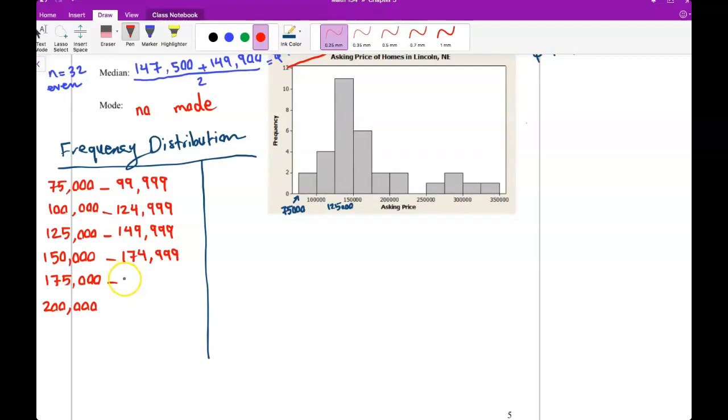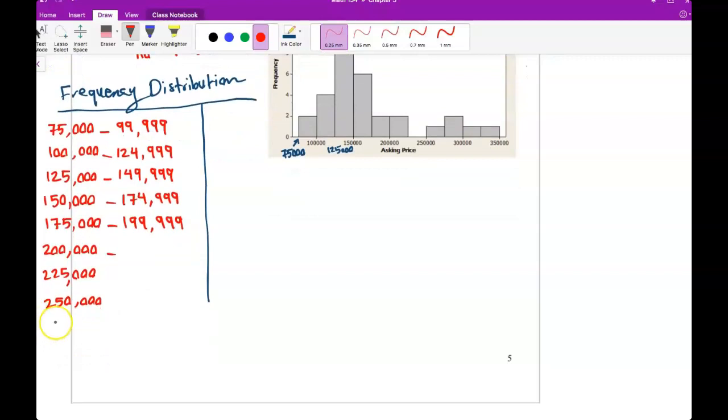So here is 199,999. And that is up to, okay, here we have 325,000.